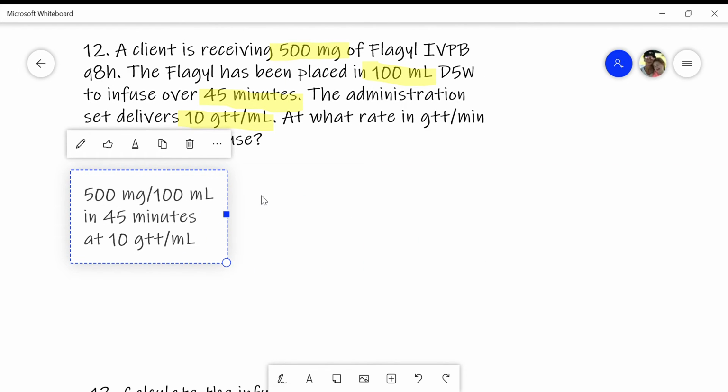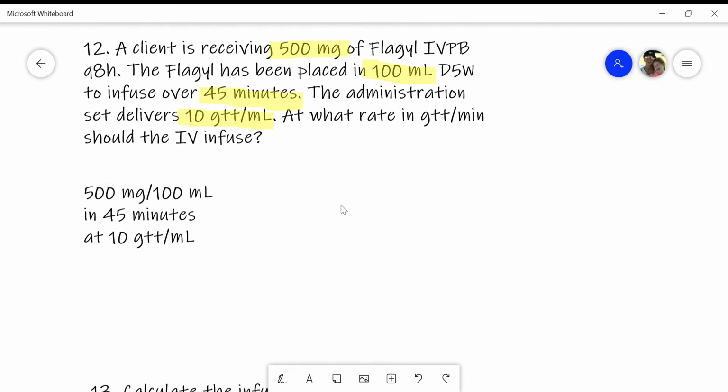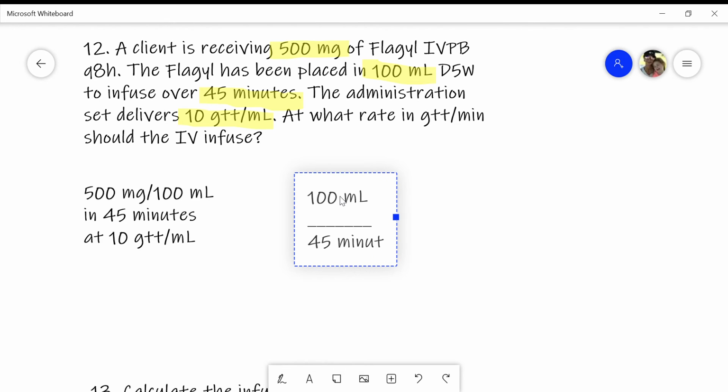And let's see, the first thing, we need to know how many milliliters we're giving in 45 minutes. So the 100 milliliters divided by the 45 minutes is going to give us 2.22 milliliters a minute.